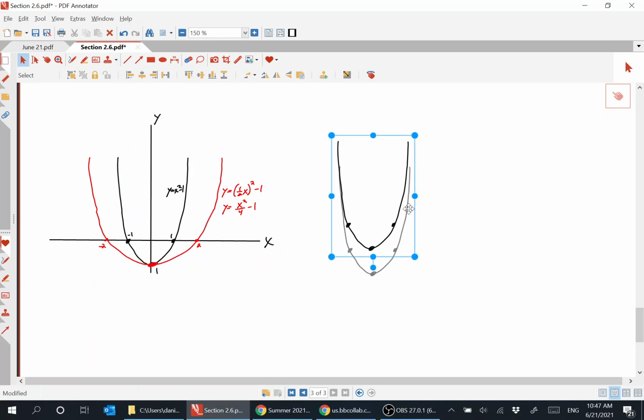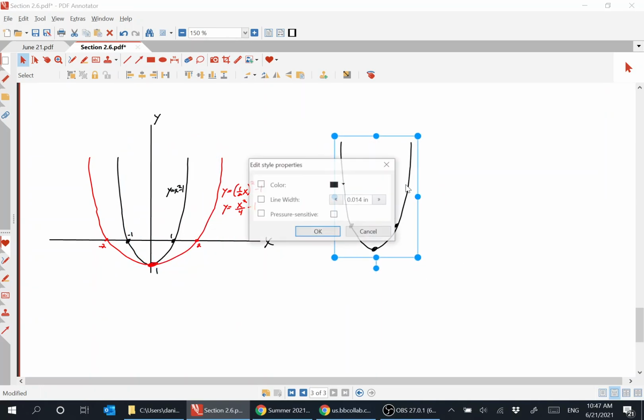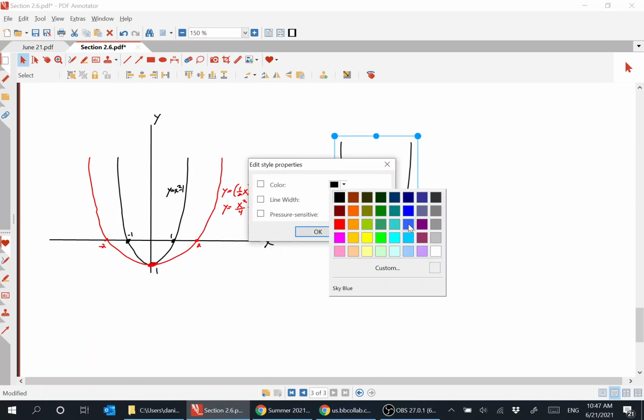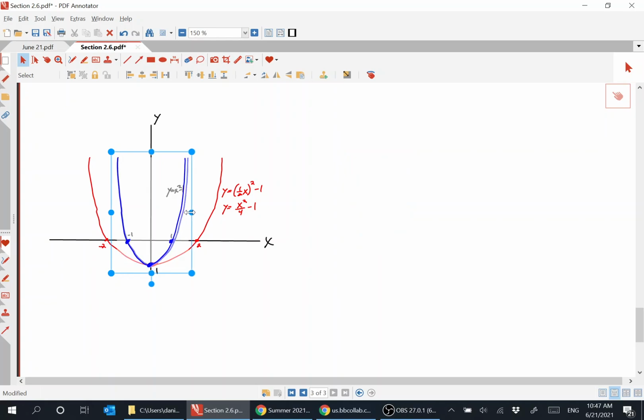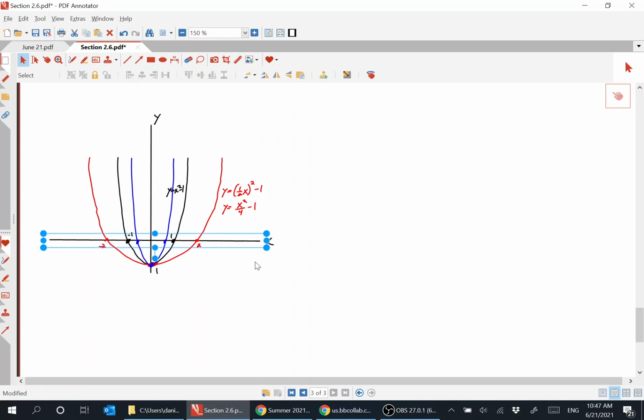So that would take this function here, let's make it a different color. All right, and compress it like so. So I can't quite get it.